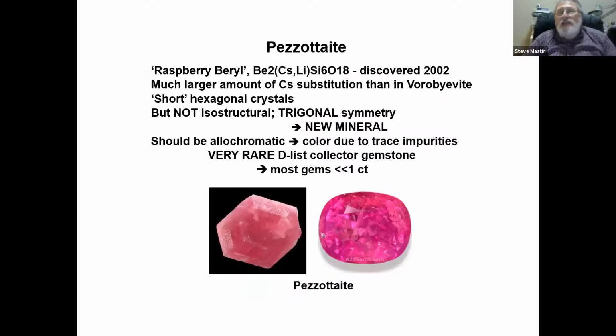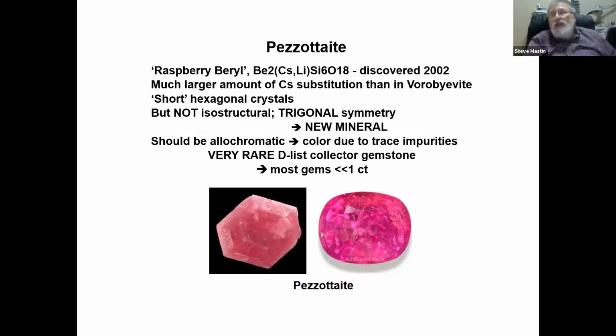All right, and then you get to this guy. It was originally discovered in only 2002 as a new mineral. And it was called raspberry beryl for the obvious color of it. And it's got cesium and lithium substitutions as well, but it's got much, much larger amounts of cesium than the vorobyevite.